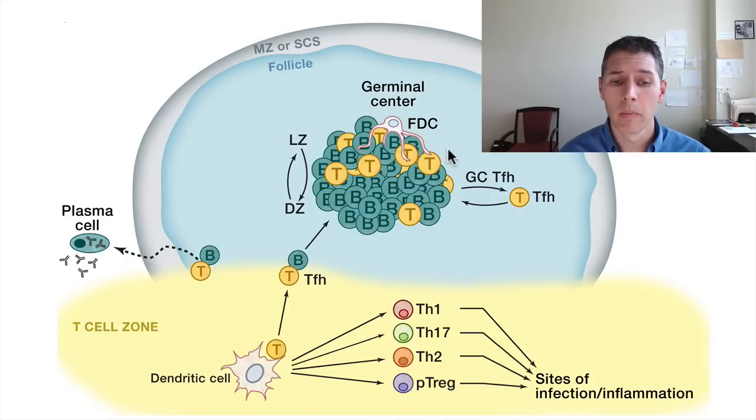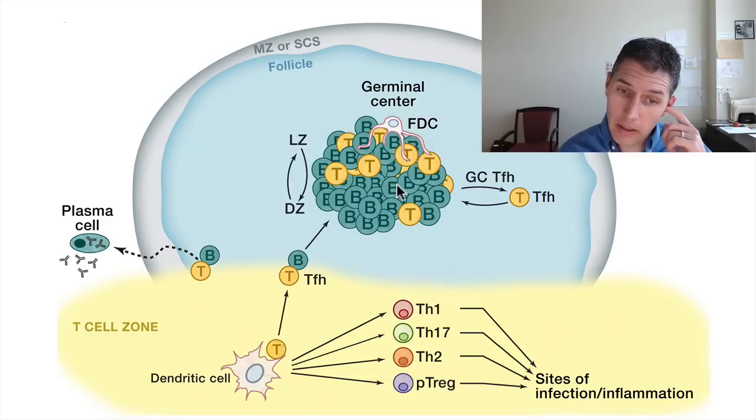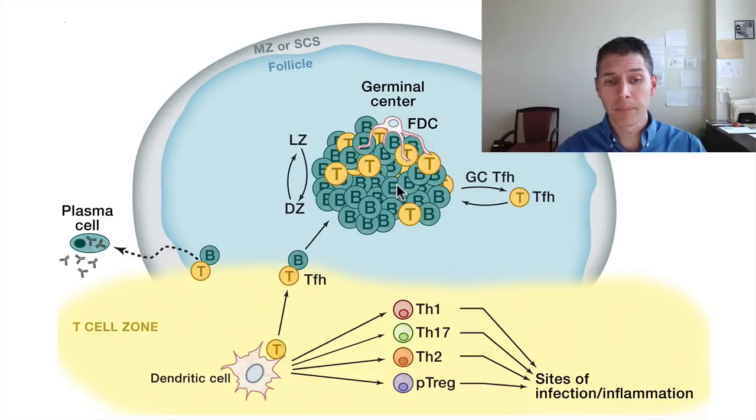Globally, the experimental data is that T cell help, TFH cell help to the B cells, is really the critical limiting factor for germinal center size and germinal center function, where the function of a germinal center occurs by antigen retention by FDCs.